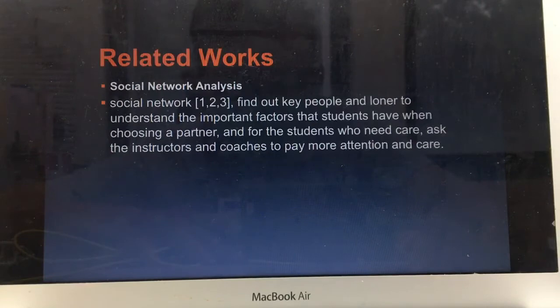Social networks can also find key persons and help us understand the important factors students consider when choosing a partner, and for students who need care, they ask instructors and coaches to pay more attention and care.